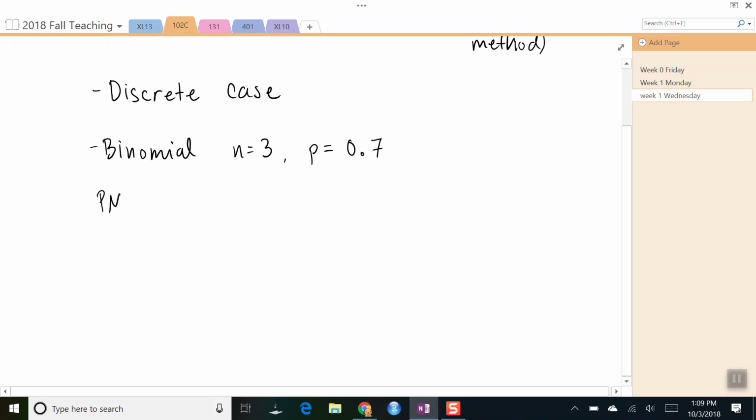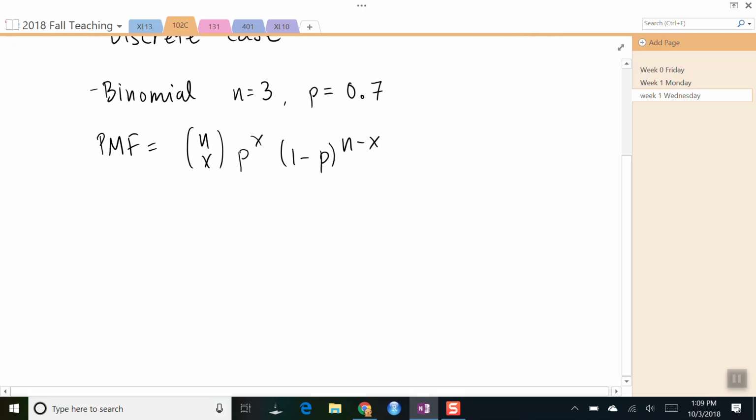The PMF is defined as n choose x, p to the x, 1 minus p to the n minus x. Maybe I'll change this to n equal to 2 just to make my life easier. So let's figure out the PMF. We'll have x equal to 0, 1, and 2.